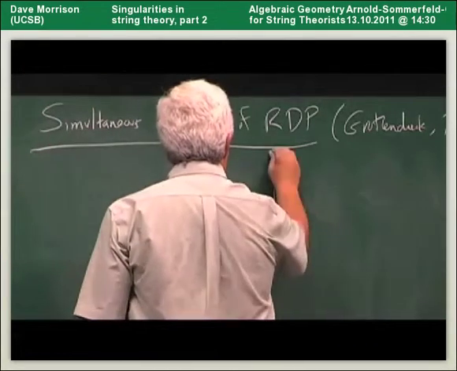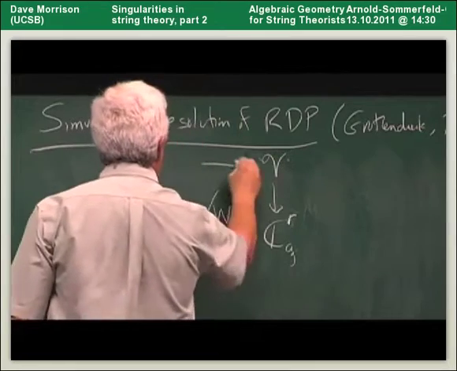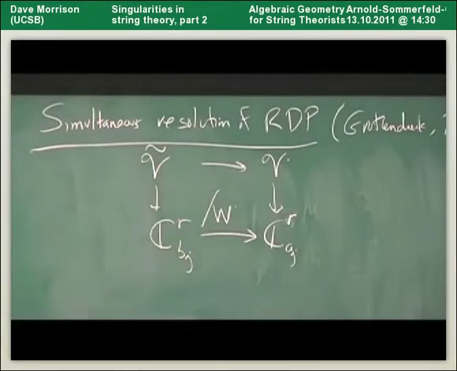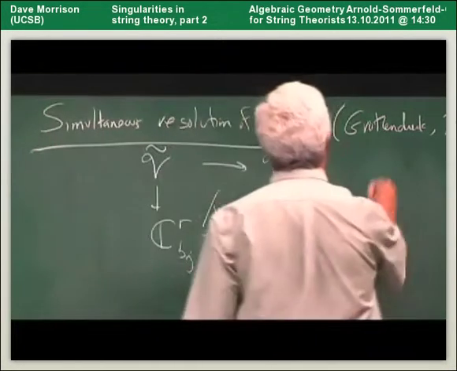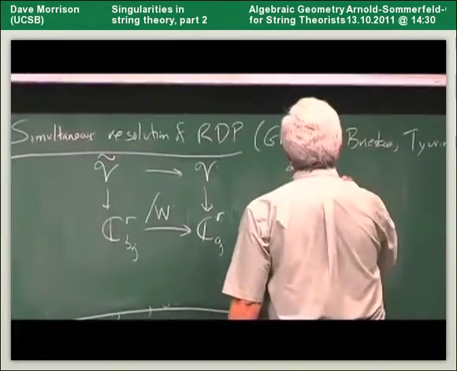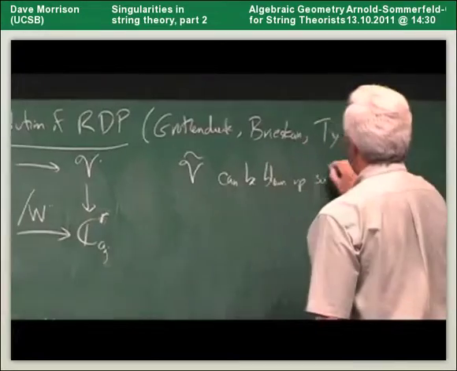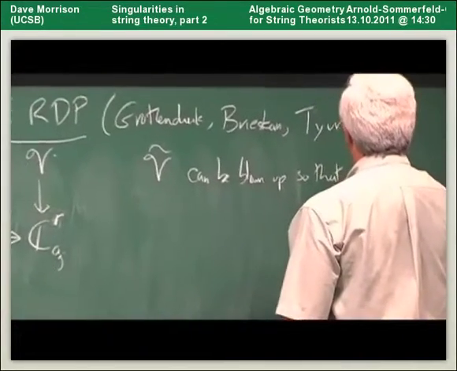I take my versal family here, and I move my versal family up to here just by making this change of coordinates. So I'll say in a second exactly what this change of coordinates is, but there's some nice change of coordinates with the property that you can now blow up V tilde so that every surface is resolved.